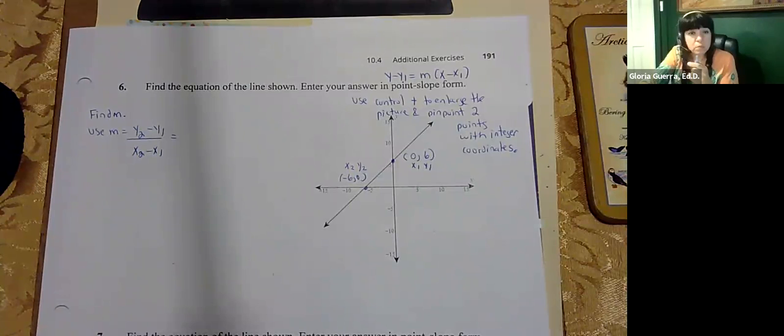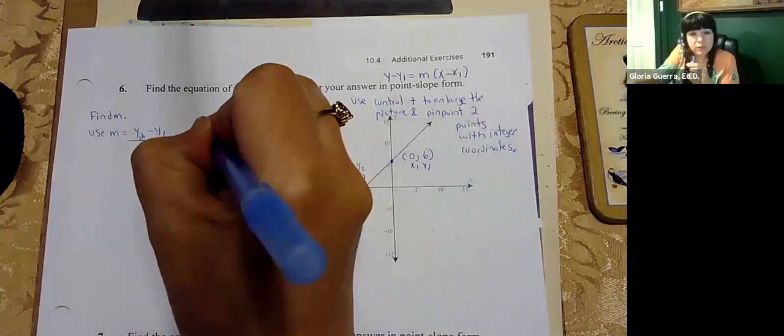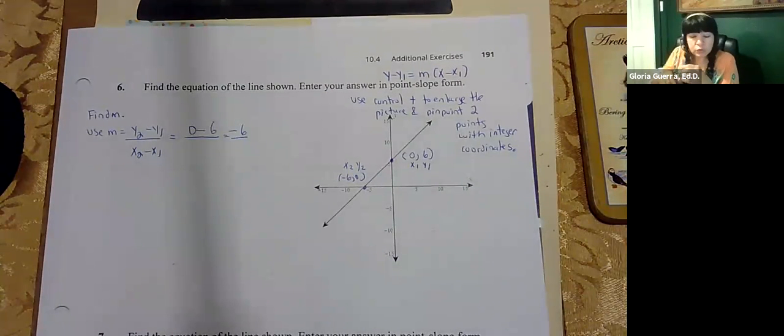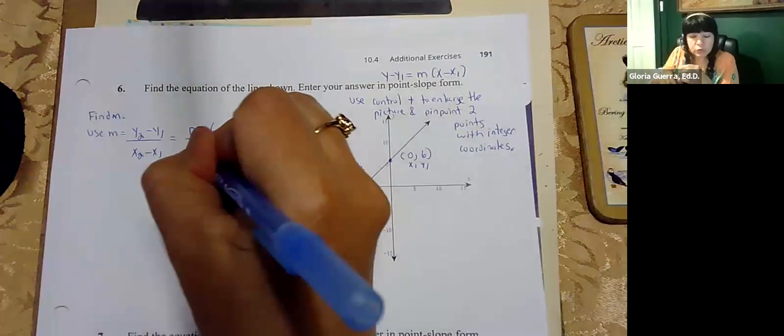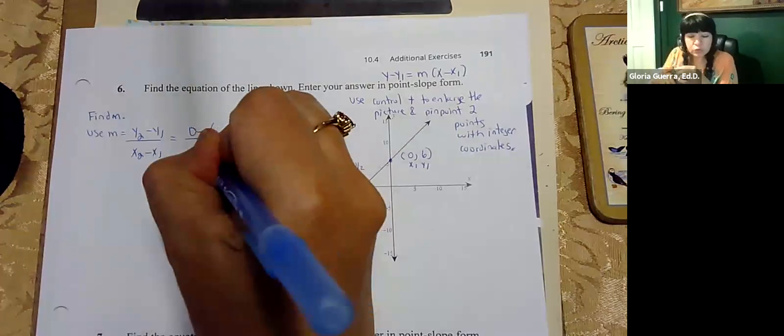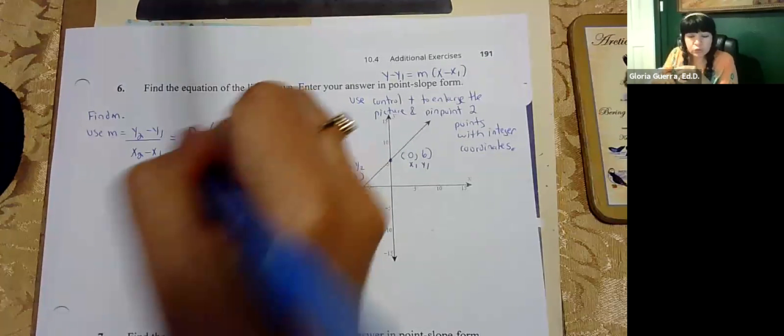Okay, did you get 1? So y2 is 0, take away y1, which is 6, gives -6. x2 is -6, take away x1, which is 0. So -6 take away 0 is -6.